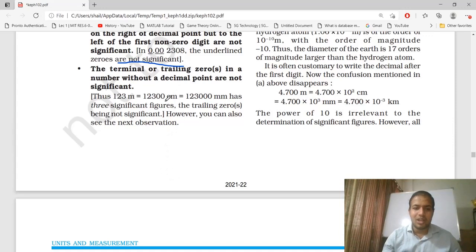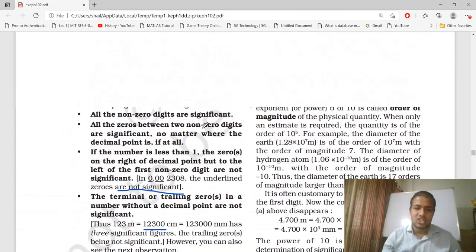Like 123 meter, if you write it in another unit, this will become 1230. But these zeros do not make any sense. It has 3 significant figures, and it will also depend on the experiment, whatever measuring instrument we are using there. However, you can also see the next observation.